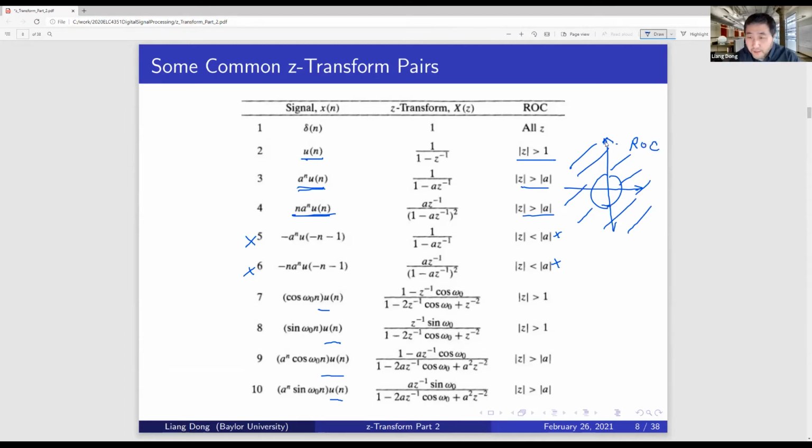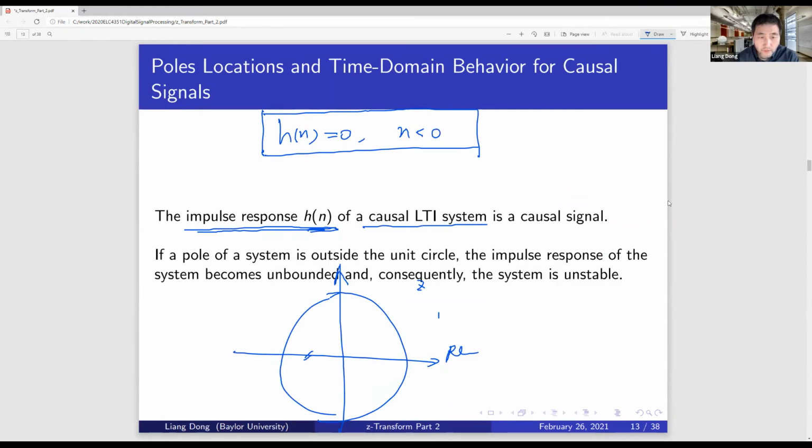And if I have a pole, z equal to P1, let's say, where do you see this pole landed in this picture? I have a causal system. Therefore, I know my region of convergence is outside this range.